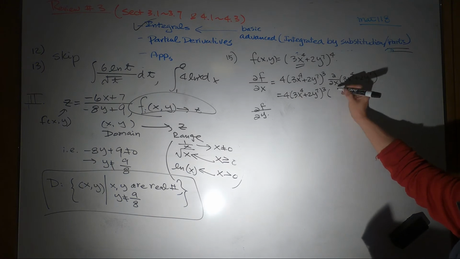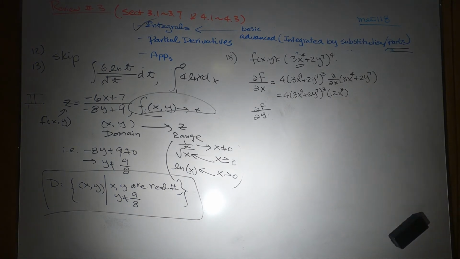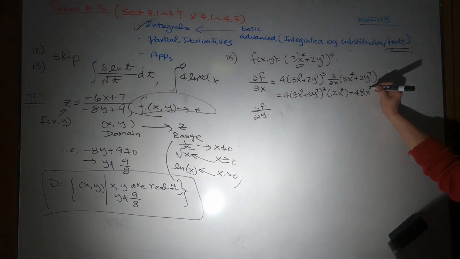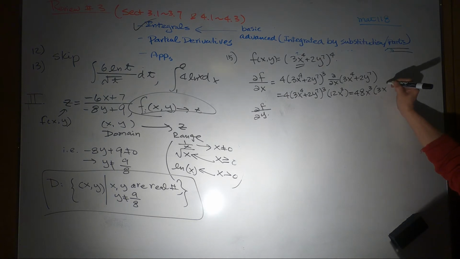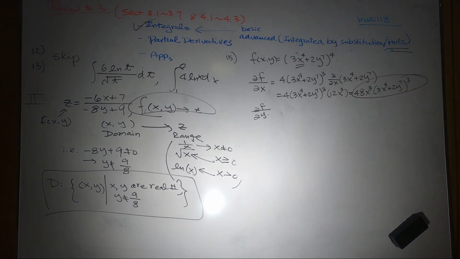This one will be 12x cubed. Then treat y as a constant, right? Then put it together. That will be 48x cubed times (3x^4 + 2y^7) to the third power. Is that right?